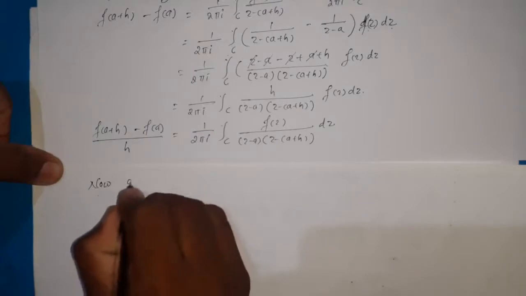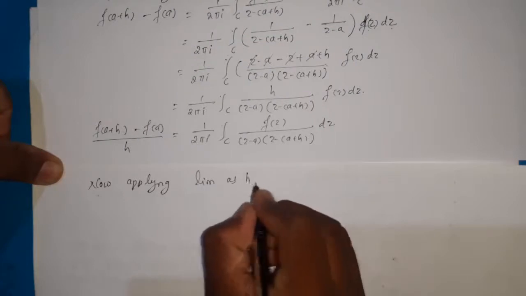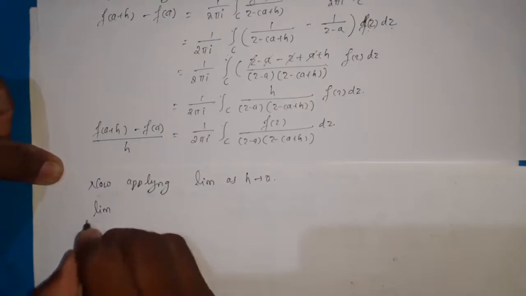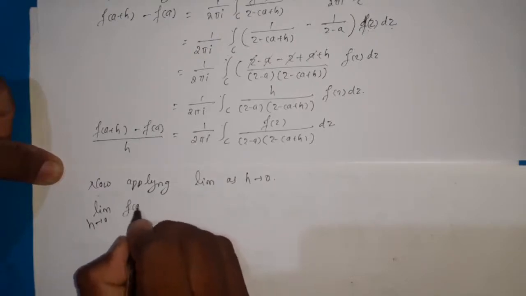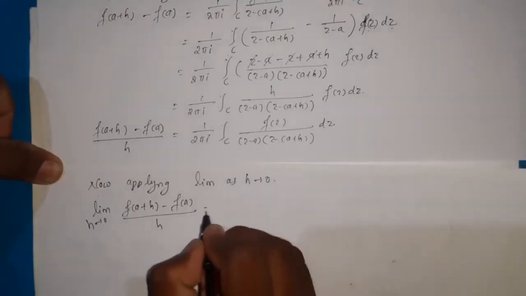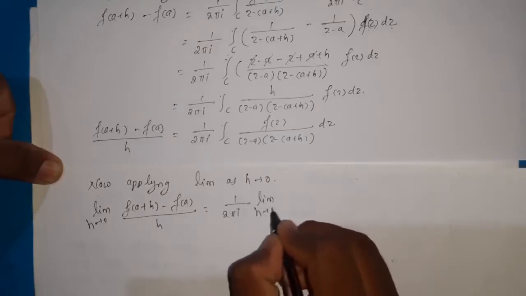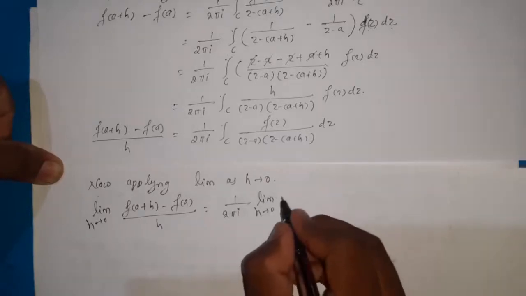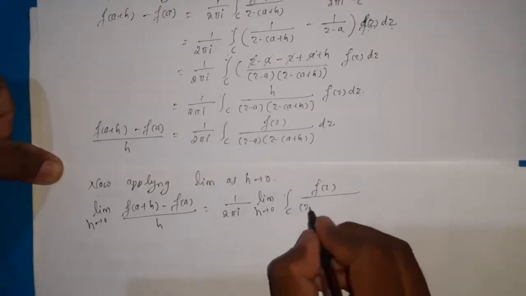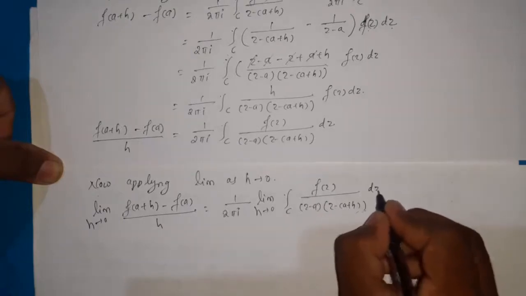So now applying the limit as h tends to 0, this becomes limit as h tends to 0 of f of a plus h minus f of a divided by h is equal to 1 by 2 pi i limit as h tends to 0 integration over C f of z divided by z minus a into z minus of a plus h dz.